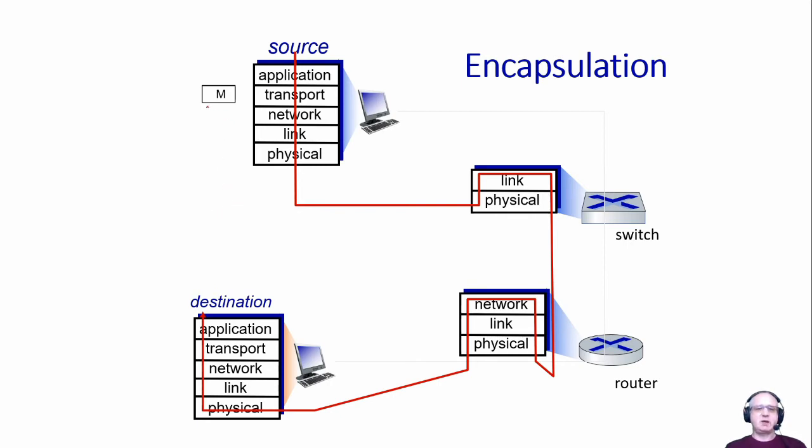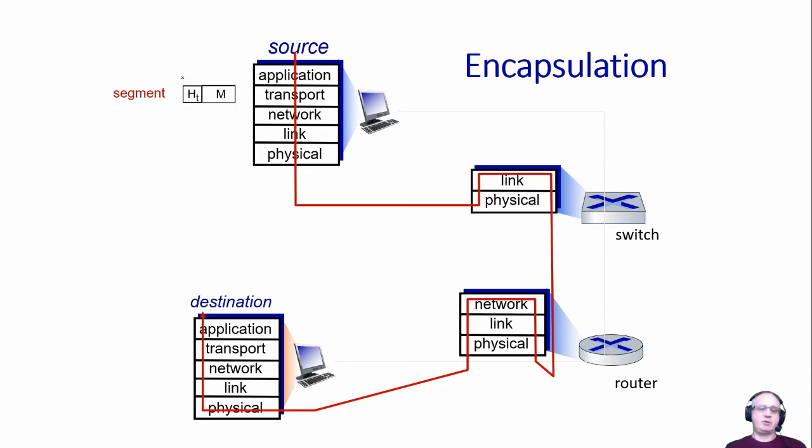To do this, the transport layer has to prepend a header with additional information needed by the transport layer. So this header is prepended, and the resulting packet now has a different name. It's no longer called a message, it's called a segment.